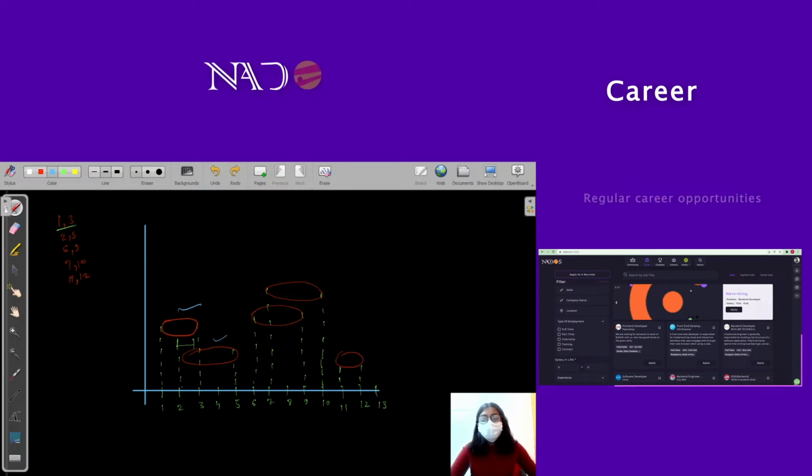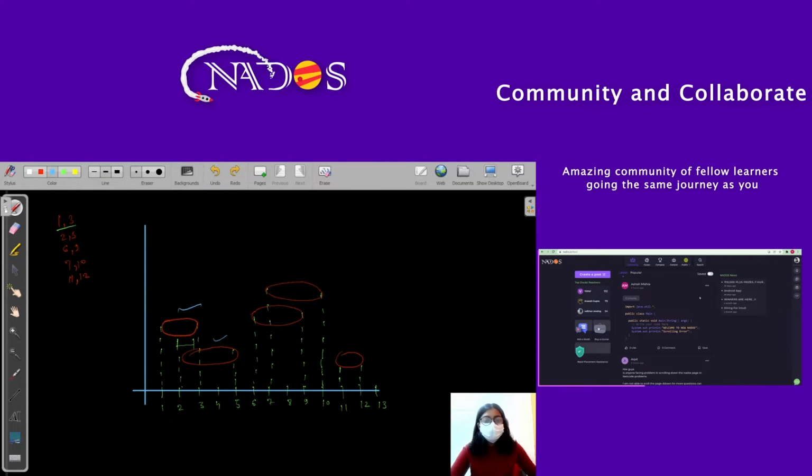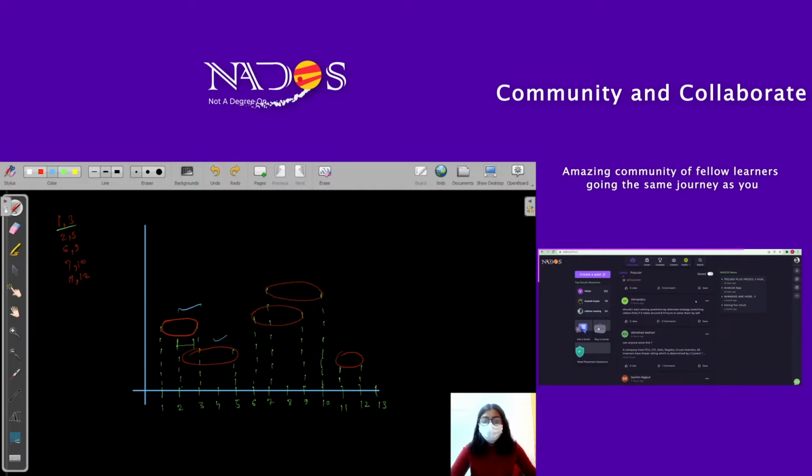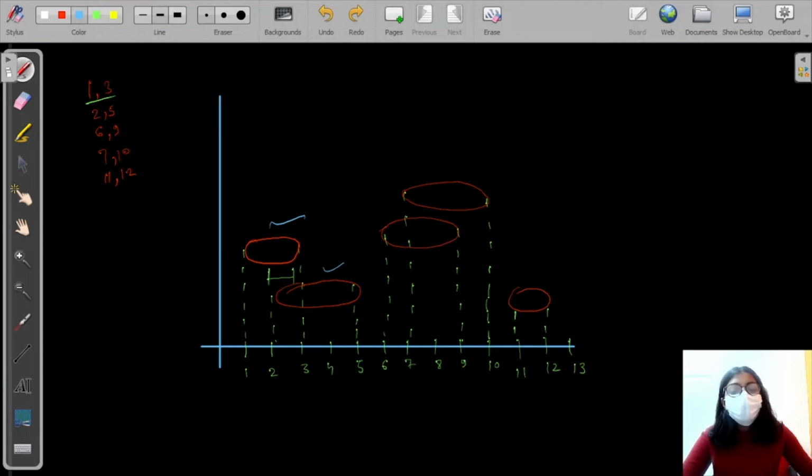If I pass a single arrow for each balloon, that would maximize my number of arrows. So I'm going to find the common point where I burst my balloons, and I'm going to need a single arrow to burst both of these two balloons. If I pass my arrow from here, it is going to burst both of these two balloons.